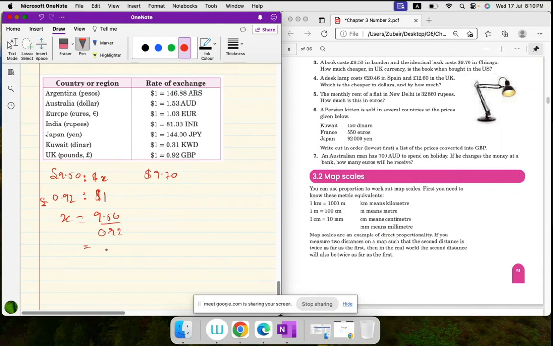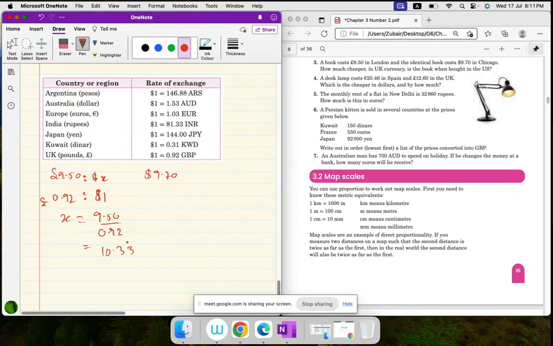Let me grab my calculator. 9.5 divided by 0.92 is giving me 10.326.